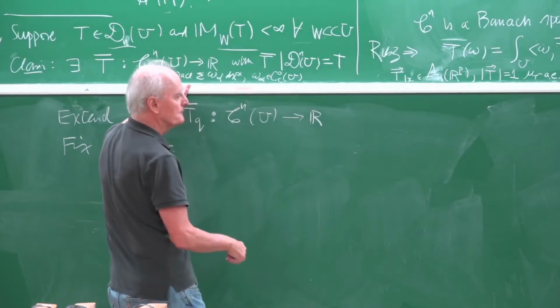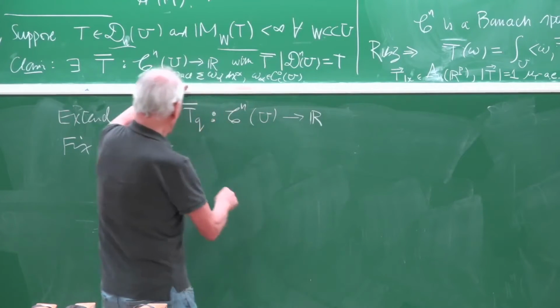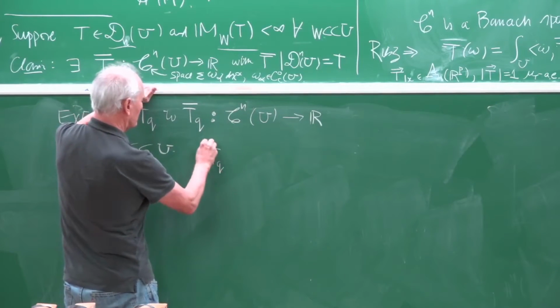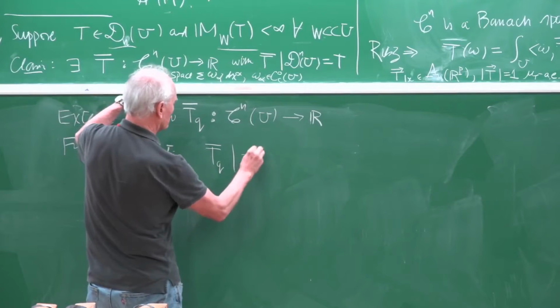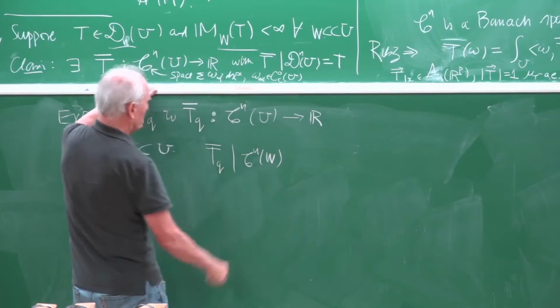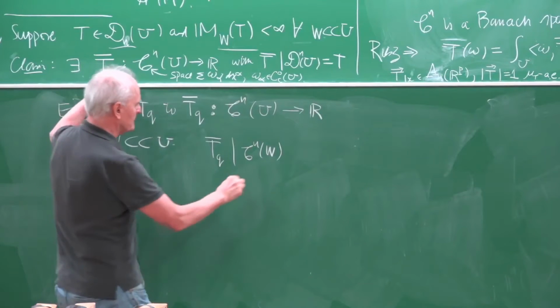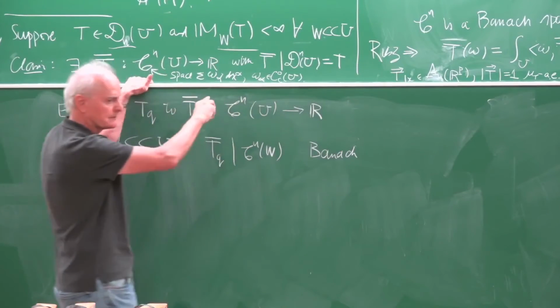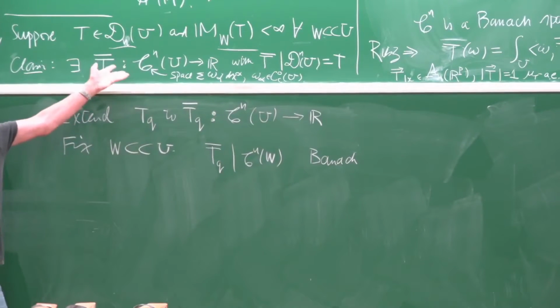Then we have a sequence, so T_q bar restricted to C^n(W) is then again a Banach space, as it was before. Same argument really. This part of the argument is the same as the argument we gave a few minutes ago.